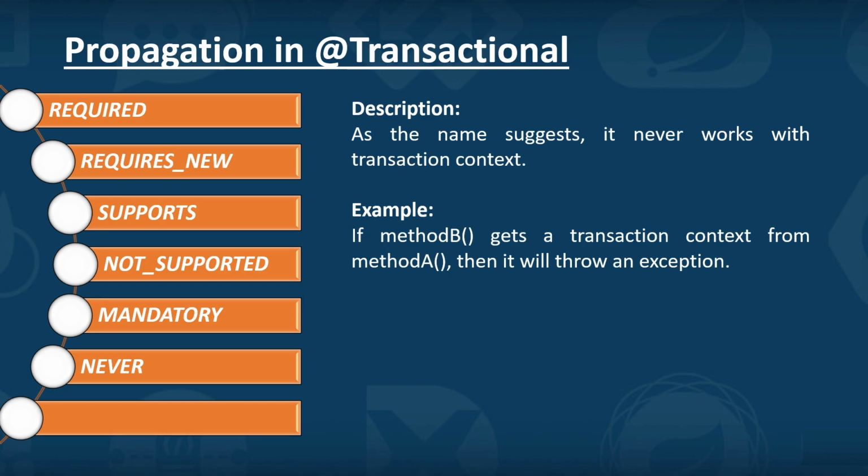Why did you give me one? I never asked you. And in case method A is not having a transaction and nothing comes to B, then I will keep working fine without any transaction. So that is the difference here. Because if you remember, in not supported it was simply suspending it, but never says I will throw the exception.